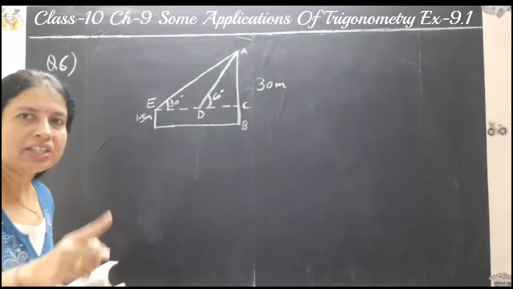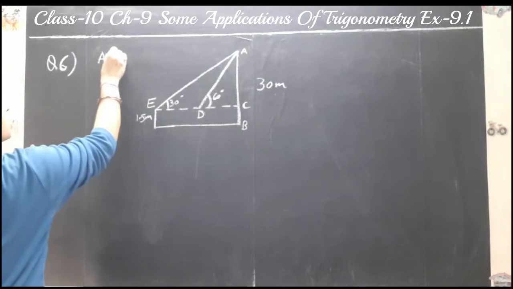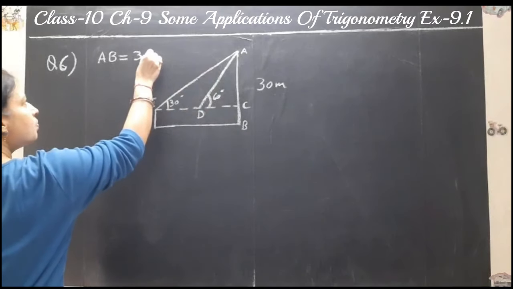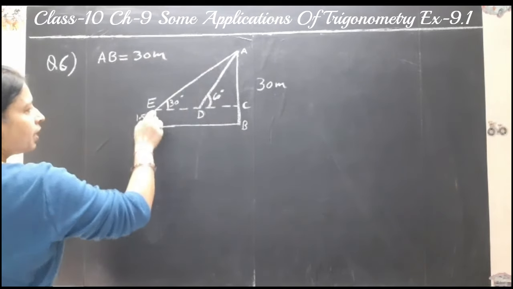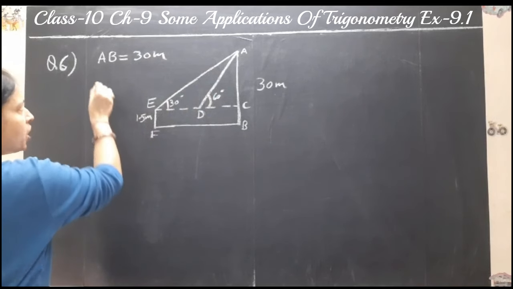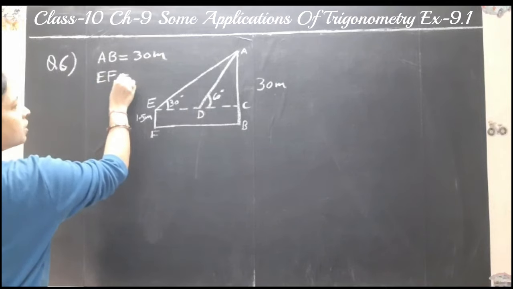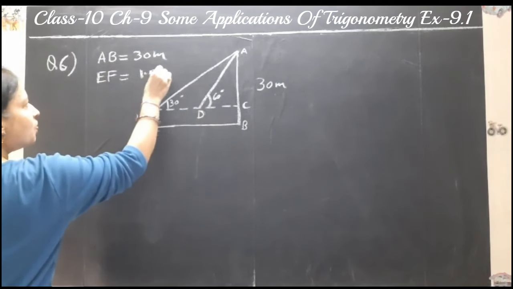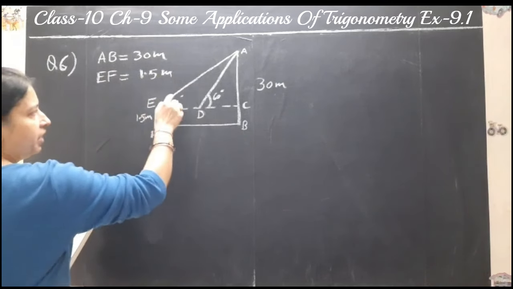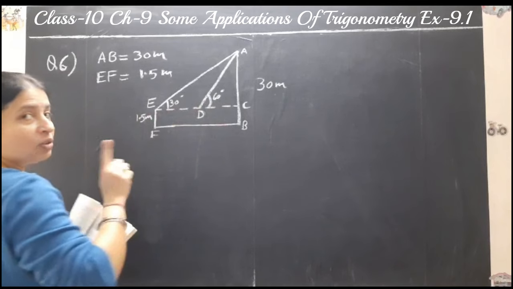So first write what is given. It is given AB, the height of the tower, is 30 meter. And the height of the boy is 1.5 meter. And this angle is given 30 degree. And what do we have to find out here?